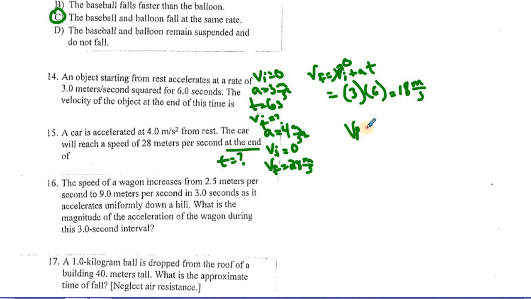So use the same equation, VF equals VI plus AT. VI is 0, so cross that off, and then we just need to divide by A. So the time is the final velocity, which in this case is 28 meters per second, divided by the acceleration of 4. And that is, of course, 7 seconds.